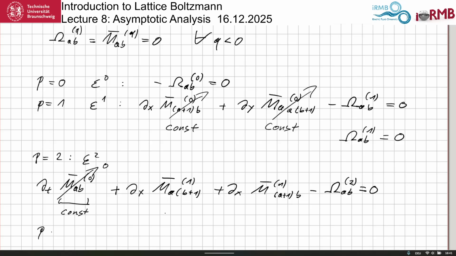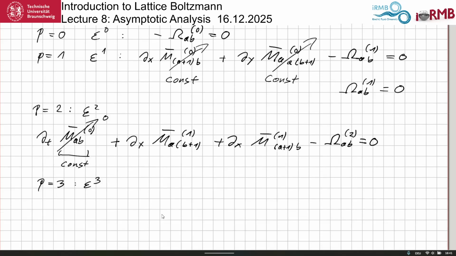What we do instead is we go to p equal to 3, which means the terms epsilon to the power of 3. And then we see that this gives us dt m ab to first order plus dx m a plus 1 b. See, this is the important thing, yeah?